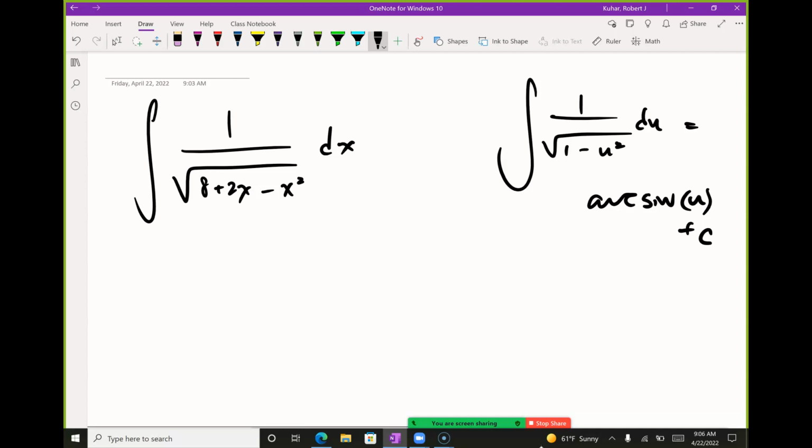So I'm going to complete the square with negative x squared plus 2x plus 8. I want to group together my x squared term and my x term, but I want to make sure my x squared term has a leading coefficient of positive 1. So I have to factor out a negative.